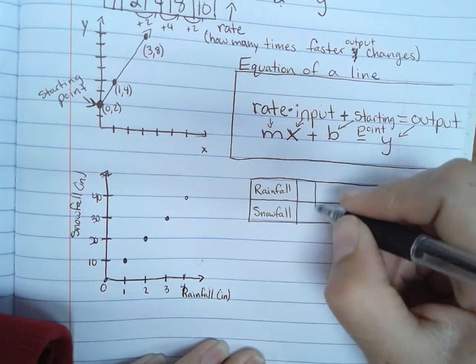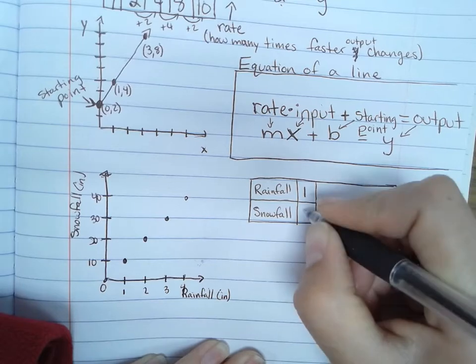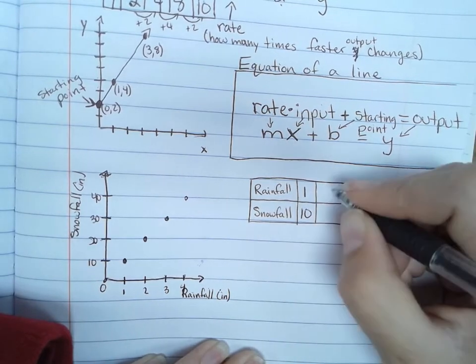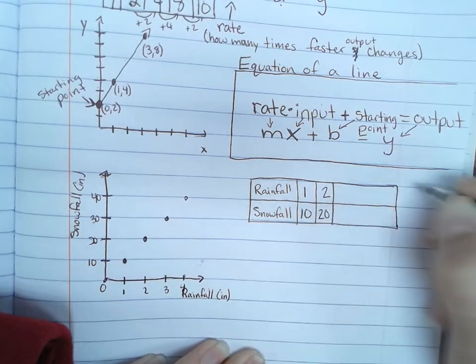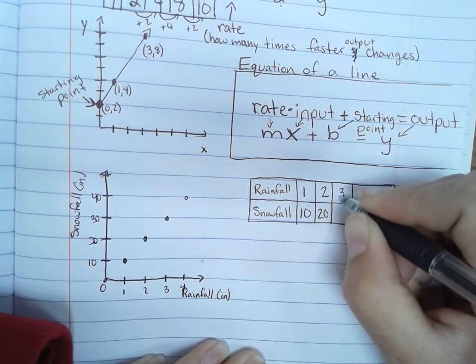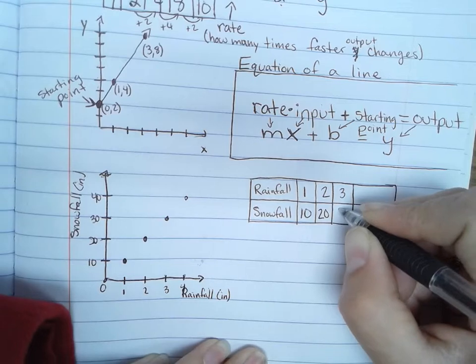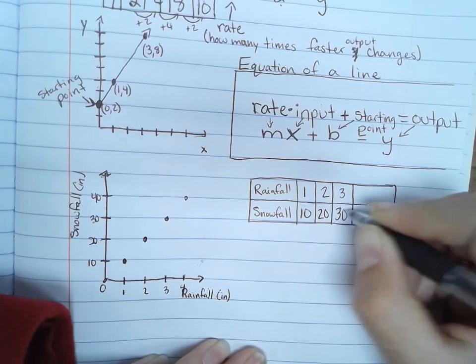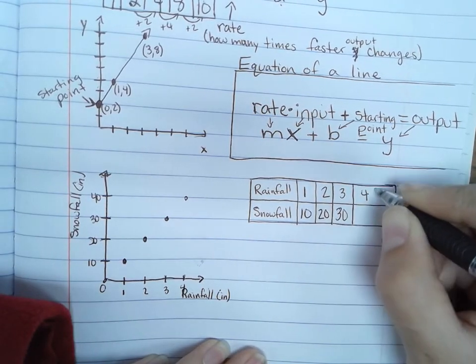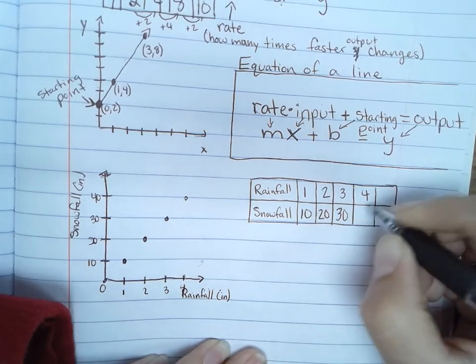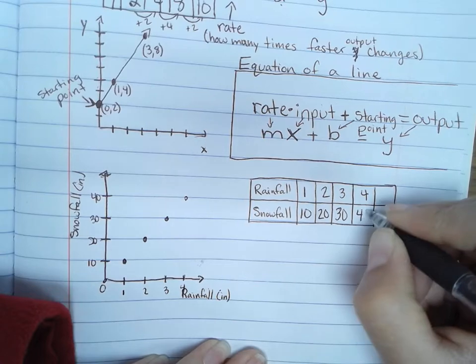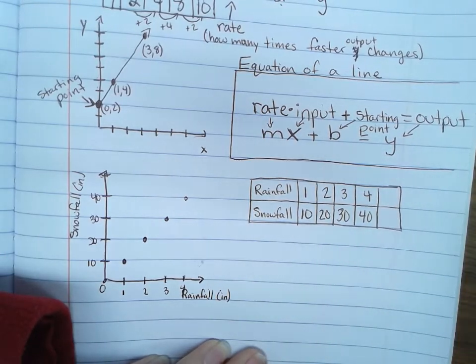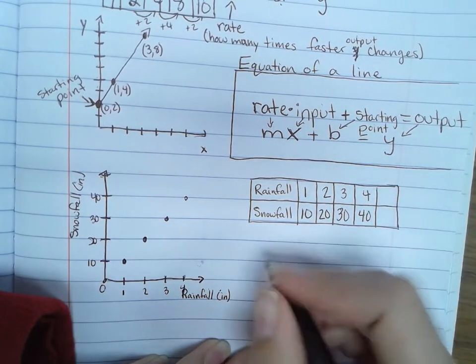So if we have 1 inch of rain, it's the same as 10 inches of snow. 2 inches of rain, that's the same as 20 inches of snow. 3 inches of rain, same as 30 inches of snow. 4 inches of rain, that's the same as 40 inches of snow. So if you can see a pattern going on here, you can even fill out more.